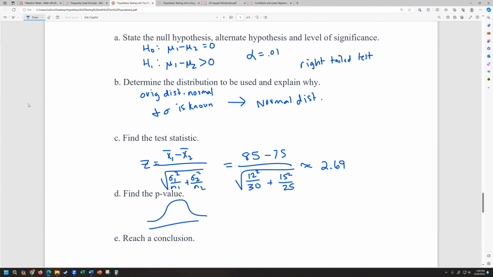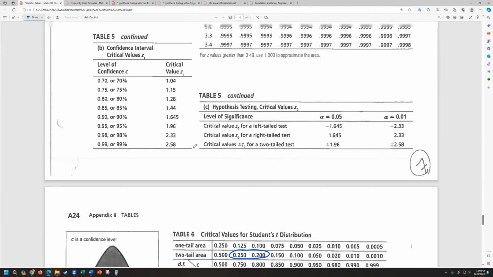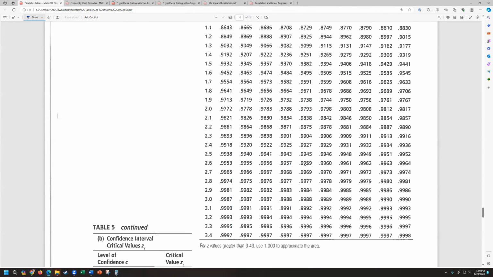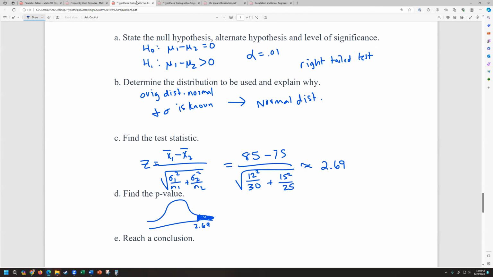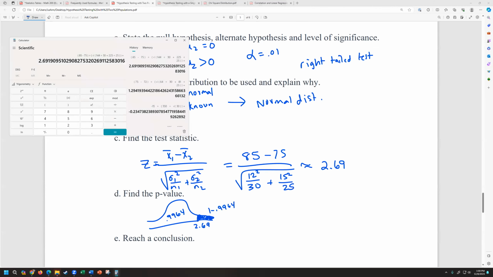So we're going to look at a right-tailed test of what's the area beyond 2.69. Let's go to our z table. So 2.6 all the way over to 9 is 0.9964. Now remember, that is the left-tailed area. So we have to do 1 minus that to find the right-tailed area. Remember, always the table of z gives us the area to the left.